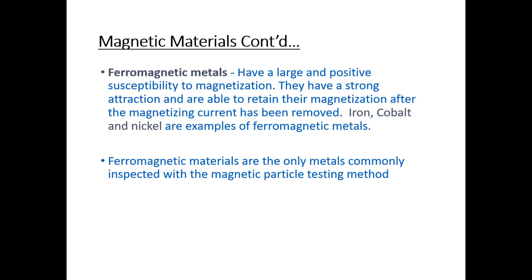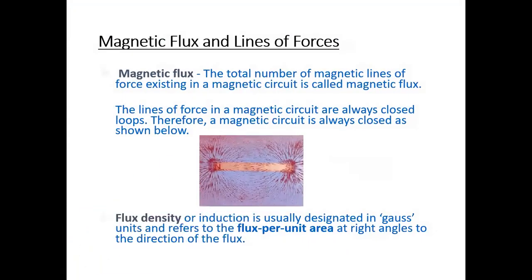Even if you remove the current, there is still a residual magnetic field, and that is known as ferromagnetic metals. And on these ferromagnetic metals we can do magnetic particle testing for detection of surface and near surface cracks.